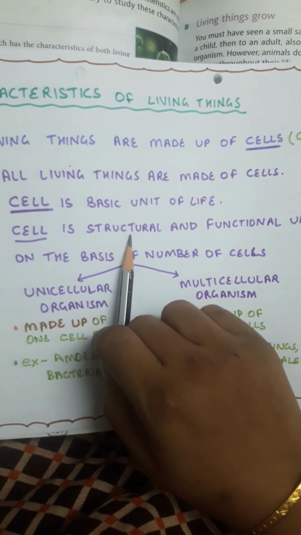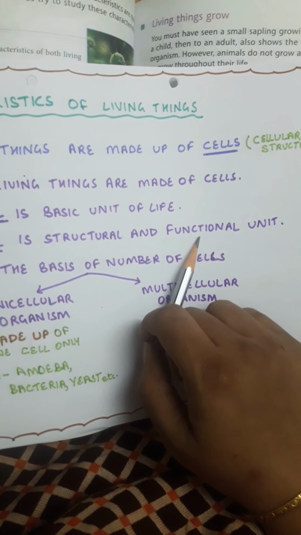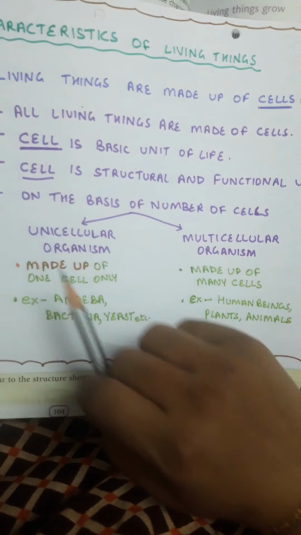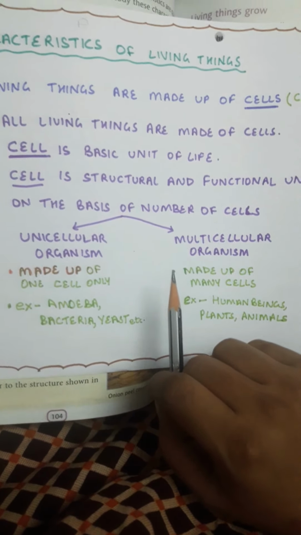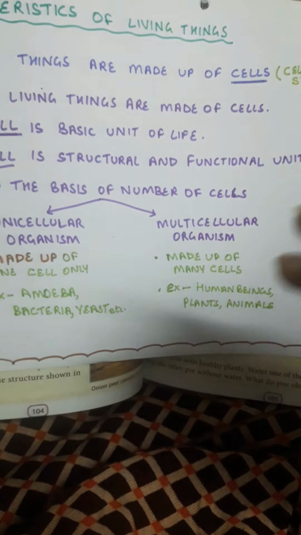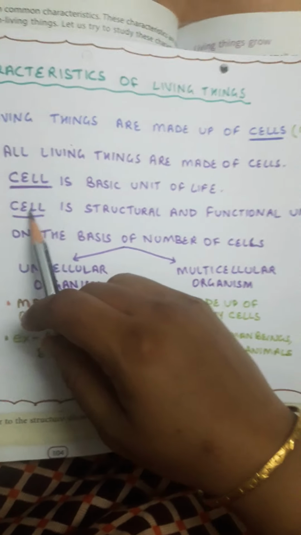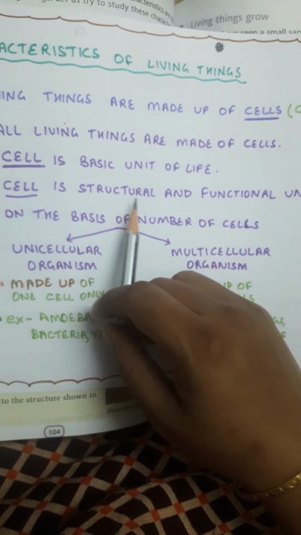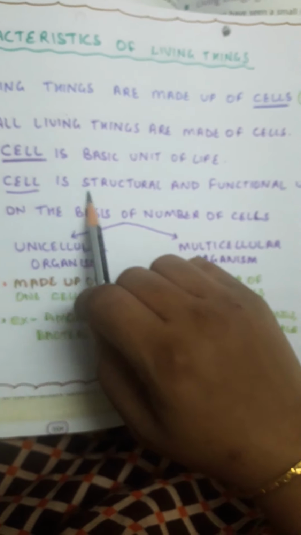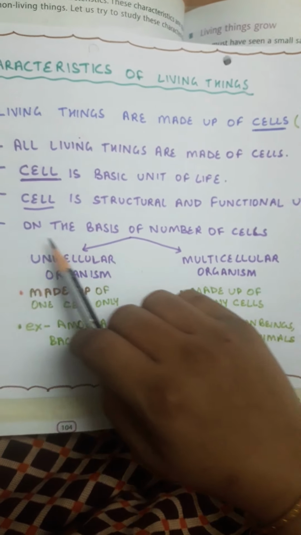Cell gives the structure to the body and it performs some specific functions. Like the brick, it gives the structure to the house and also it protects us from heat, cold and rain. When the bricks stand one on one, they make a wall and it protects us. Likewise, cell gives the structure to the body and performs some specific functions. So, cell is the structural and functional unit of life.